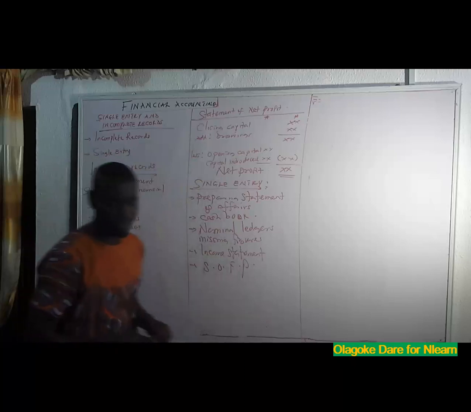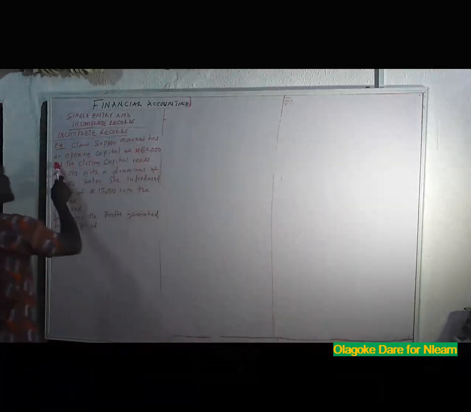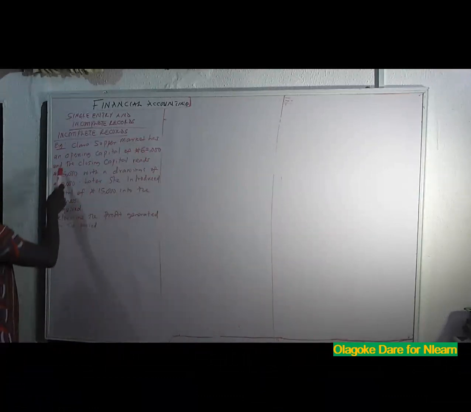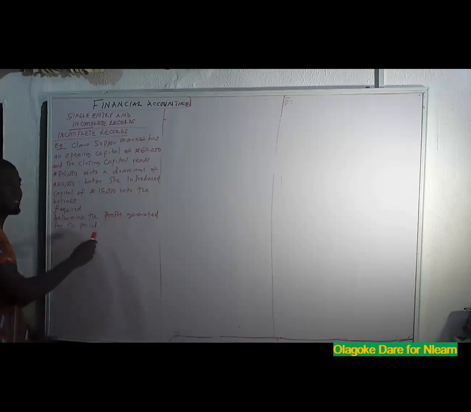Okay, we have a question on incomplete records. Clara Supermarket has an opening capital of 62,000 and the closing capital reads 85,000 with a drawing of 20,000. Later, she introduced capital of 15,000 into the business. Determine the profit generated for the period.